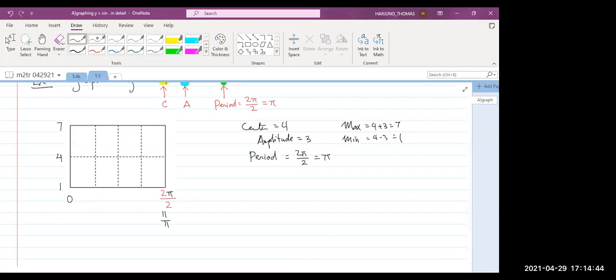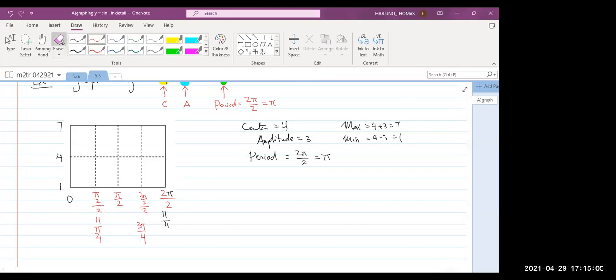The points in the middle: originally pi, because you divide by 2, becomes pi over 2. Pi over 2 divided by 2 becomes pi over 4. 3 pi over 2 divided by 2 becomes 3 pi over 4.